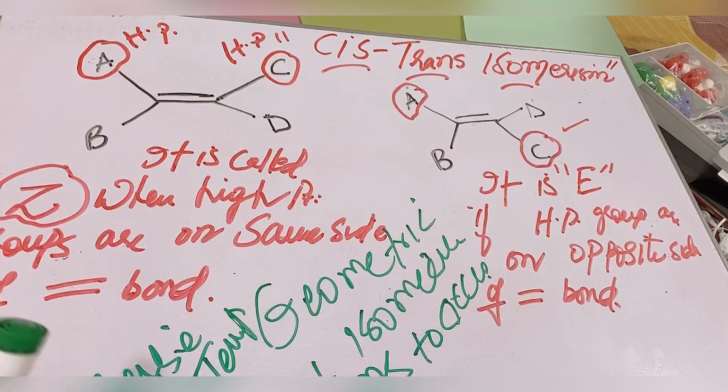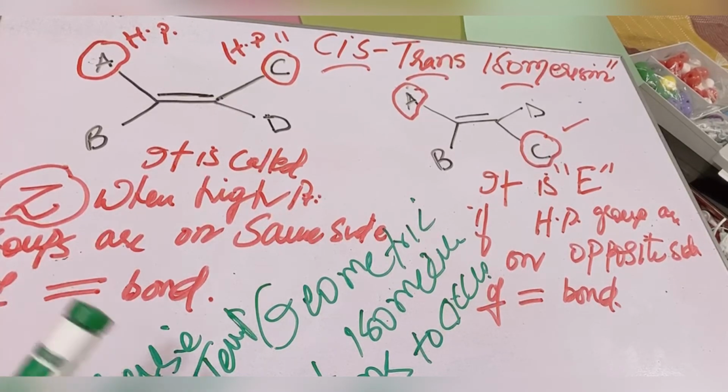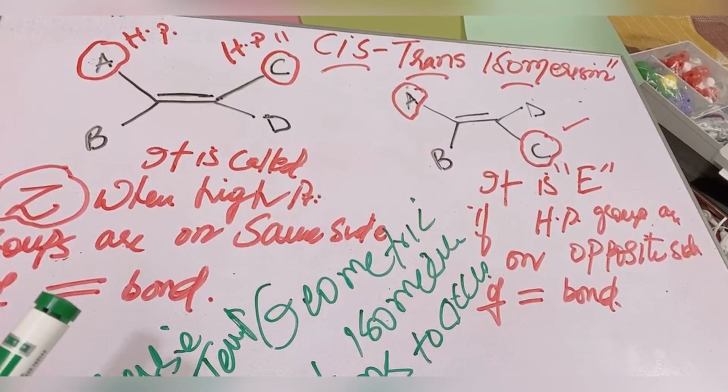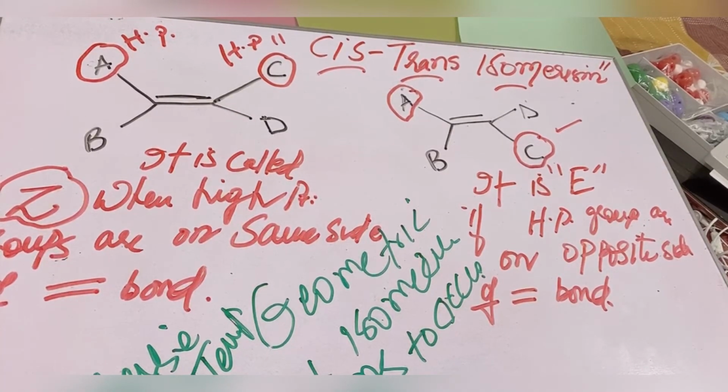Especially when we are talking about geometric isomerism, when there is a barrier to rotation around the double bond exhibiting two different sides to the structure, the arrangement is described using the Cahn-Ingold-Prelog system. Cahn, Ingold and Prelog were the three scientists who explained this concept of E and Z systems. Z stands for Zusammen and E stands for Entgegen.